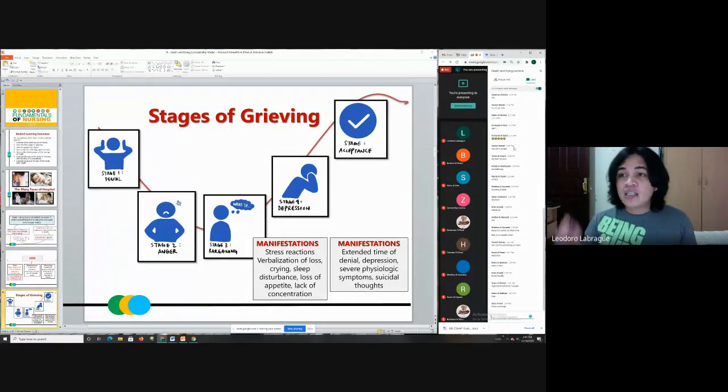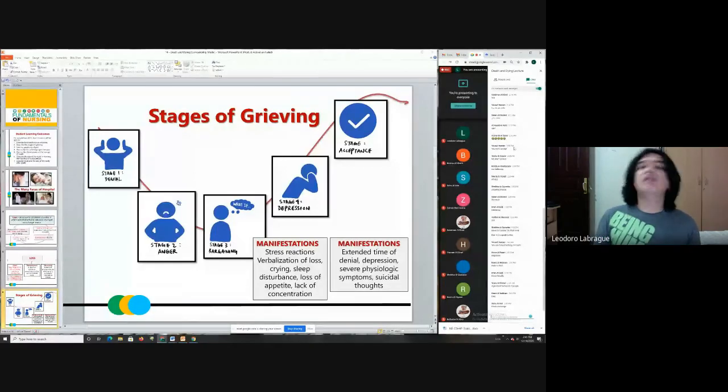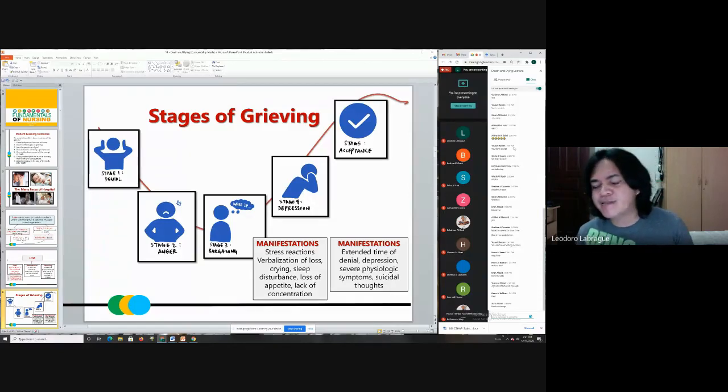So, in the stages of the grieving process, how does bargaining occur? For example, the person is experiencing loss. The person is diagnosed with an acute disease, and that person is about to die in 3 months. So how do you know if the person is bargaining?